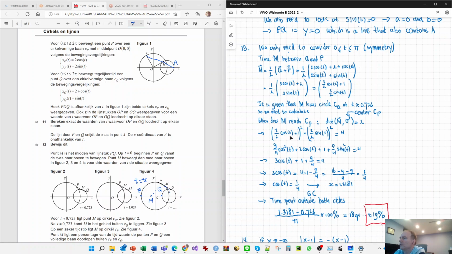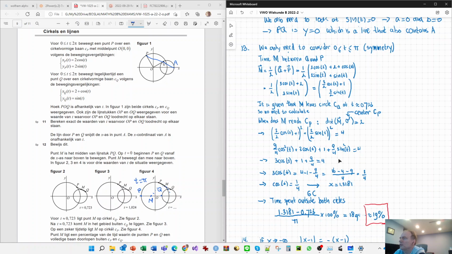Get rid of the brackets here, and you get cosine squared t plus sine squared t, which is equal to 1. So you just get (3 cosine t plus 1) plus 9 over 4, where the sum of these squares is equal to 1, and this has to be equal to 4.